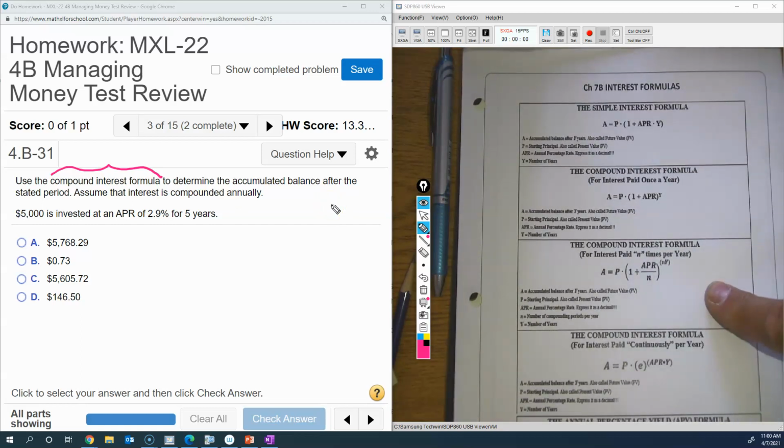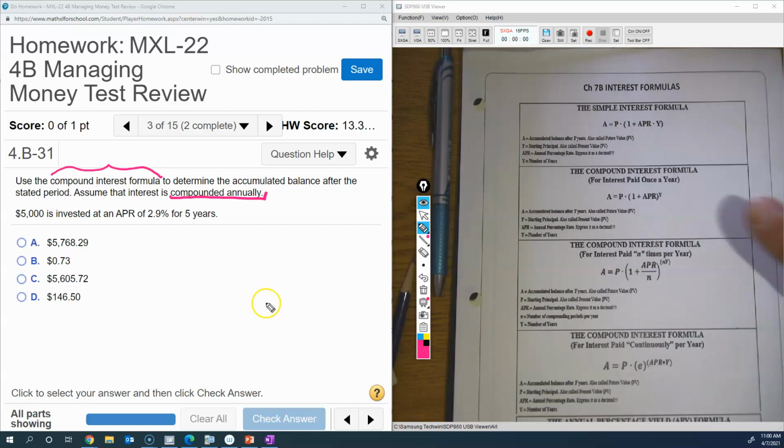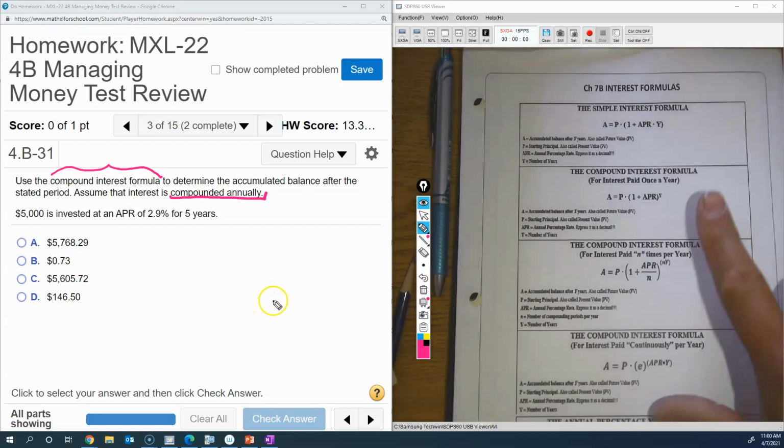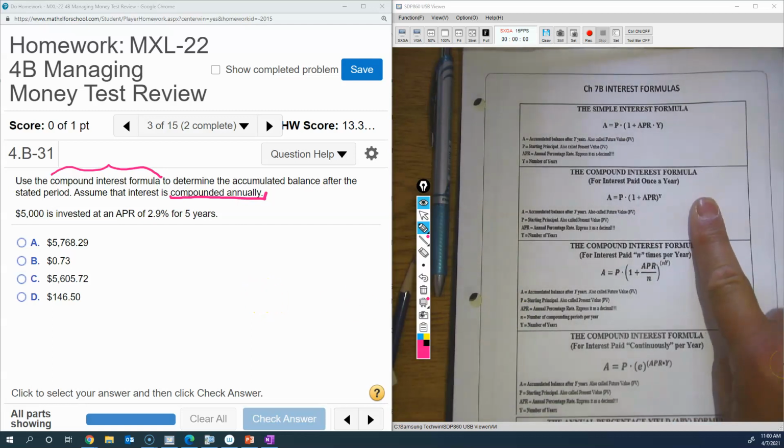The one you're going to use on this one says assume the interest is compounded annually. So I'm going to use the second formula that I'm pointing at. A equals P times 1 plus R. Now the year is in the exponent.